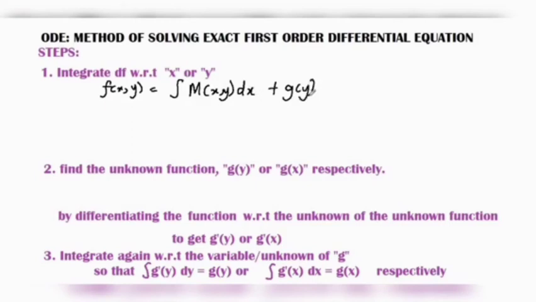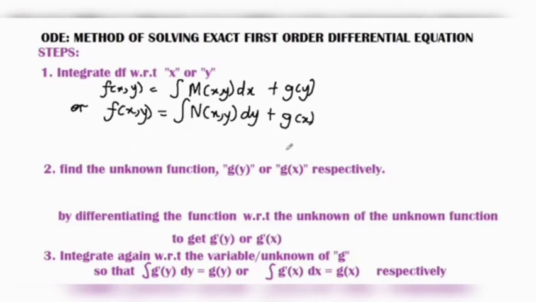Now this g of y is just a function of the other variable that we are not integrating with respect to. So if I integrate with respect to y, I'll have f of x,y is equal to the integral of N of x,y dy plus g of x. So that's the first step.